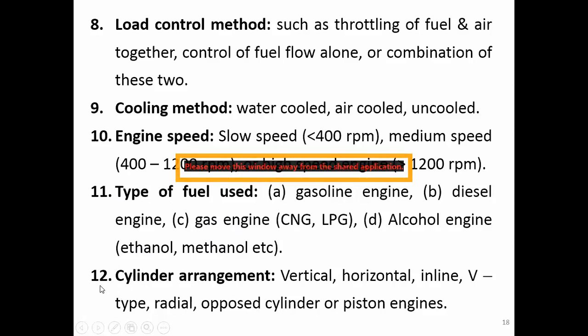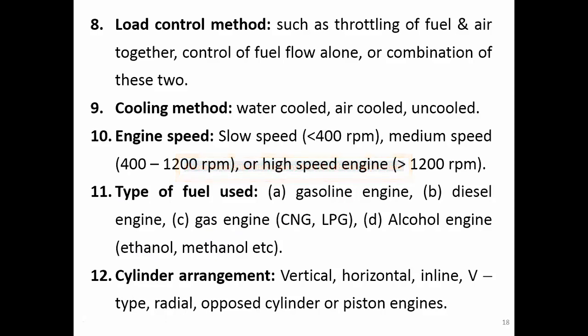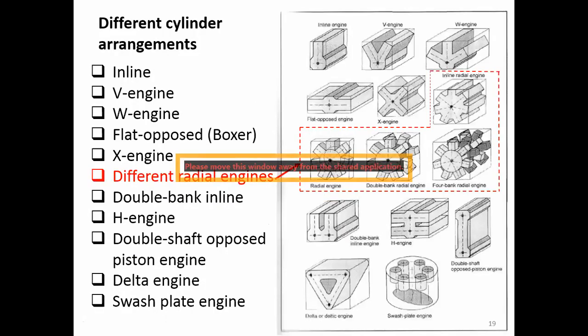And the last one, classified according to the cylinder arrangement. How do you arrange the cylinders in the engine? There are many types of arrangement. For example, here you have the inline cylinder, shown right here.